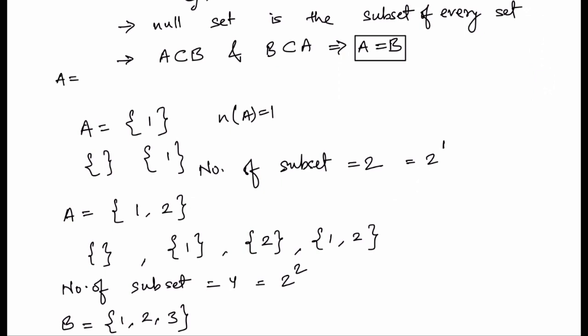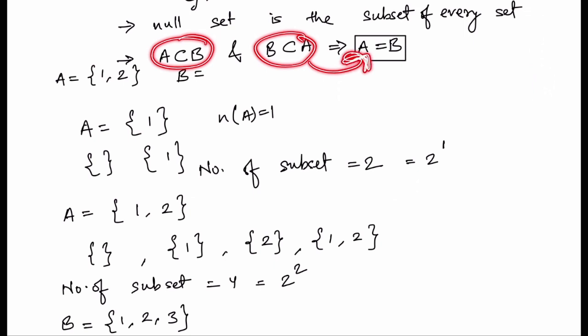Let A have elements 1, 2, 3. We have to fulfill these two conditions, then we will automatically get this condition.